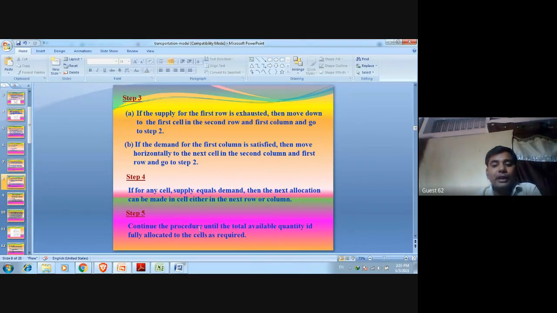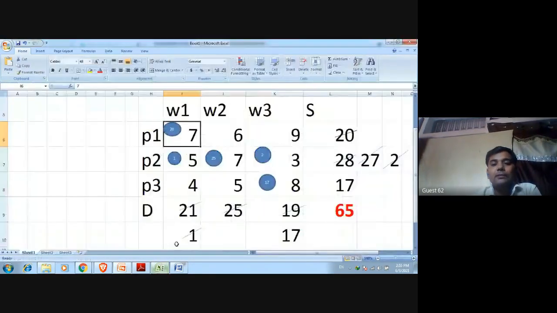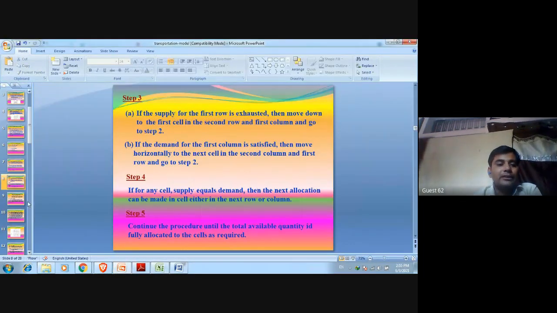Continue the procedure until the total available quantity is fully allocated to the cells as required. So in this example, we have seen that all the capacities and requirements are fulfilled, meaning supply and demand are equal. So we have allocated all the units according to our supply. So this is your NWCR.